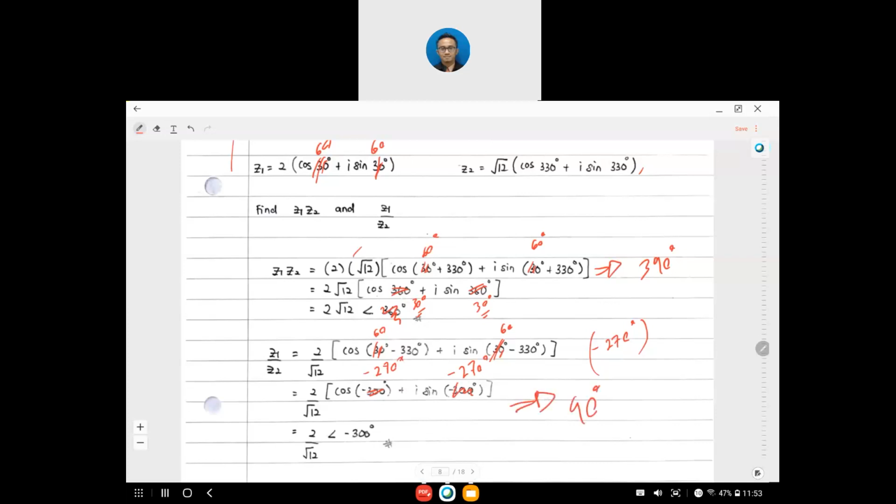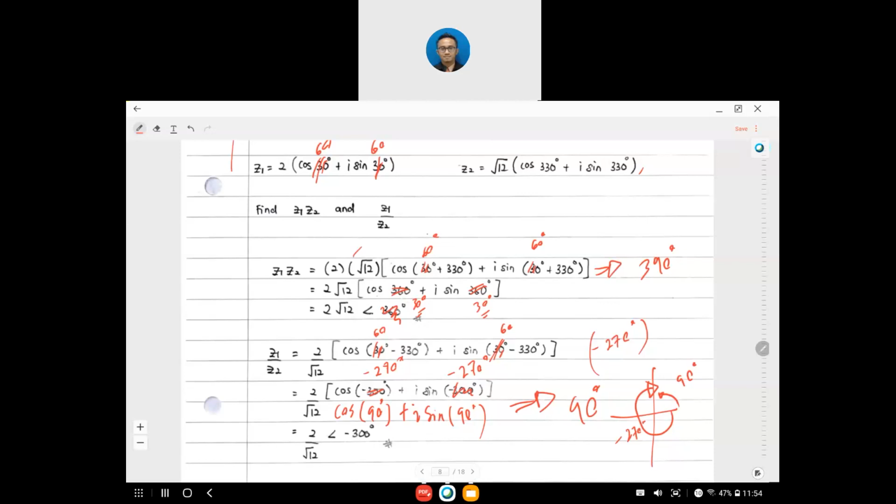Sebab dia pusing terbalik, negative 270 ni. Okay, so we put from here it becomes 90 degree. So your final answer you must put as cos 90 degree plus I sin 90 degree. Okay? Boleh? Boleh ke tak tu? Hello?